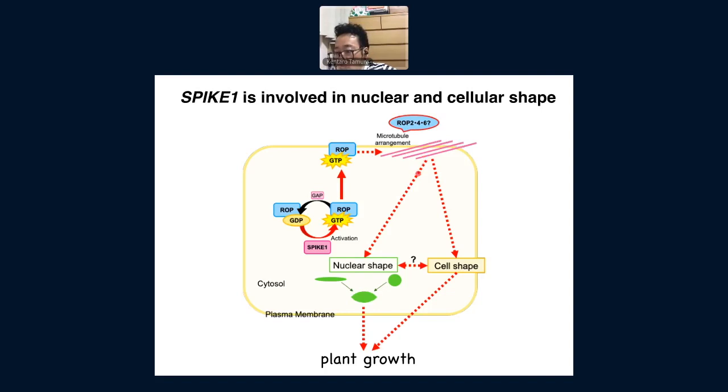And this microtubule distribution subsequently regulates both nuclear and cellular shape for supporting plant growth. But there are missing links between microtubules and nuclear shape. We still don't know what molecules are involved in linking microtubules and nuclear shape.